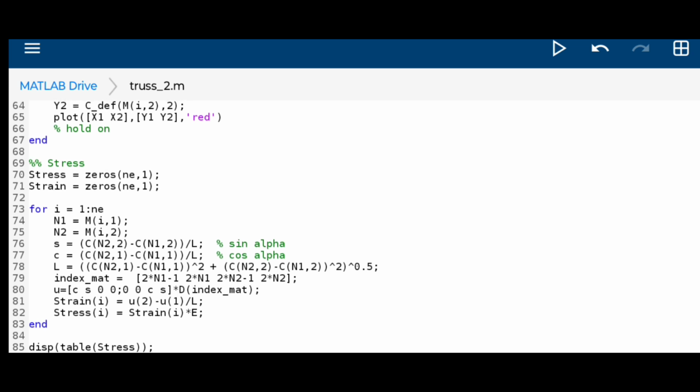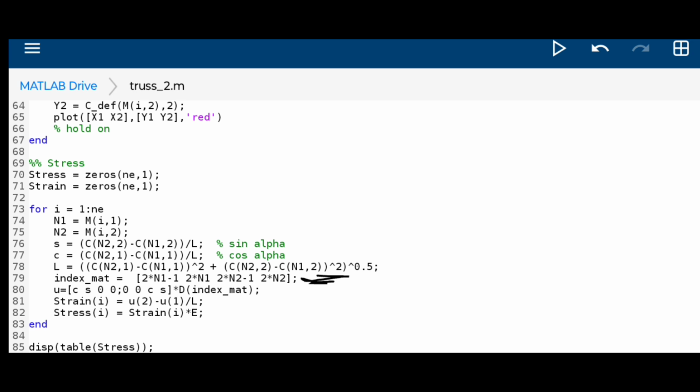So we will first initiate a zero vector to save the space, and then we will start a for loop, similar to the stiffness one up to this part. We just have to use the transformation matrix times the d index matrix. So d 1 2 3 4 will give us node 1 and node 2 in the global system.